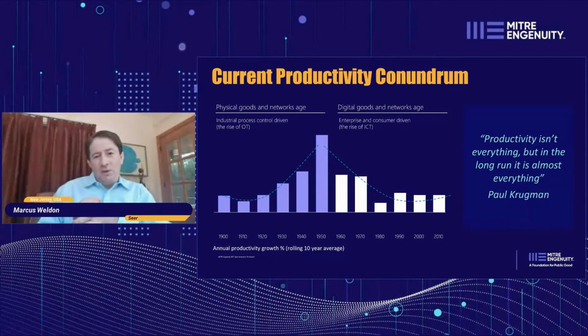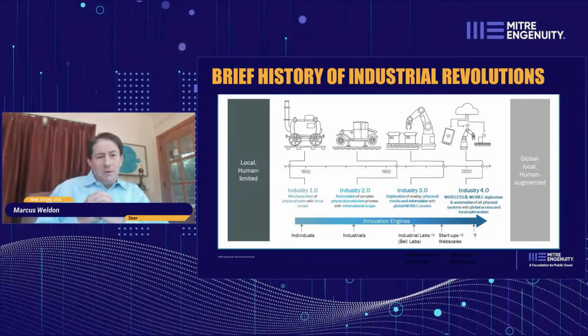It isn't everything, but in the end, it's almost everything that humans aspire to achieve. So that's the big problem. And I'm going to argue that UAS and that set of use cases is the high order bit in solving the productivity problem. So if we move forward, this is just a pictorial depiction of the four industrial revolutions to date.